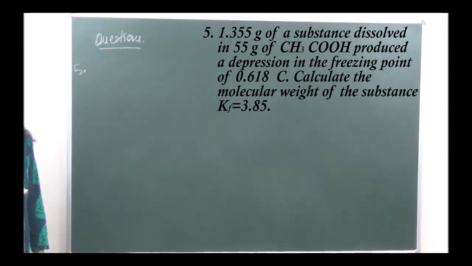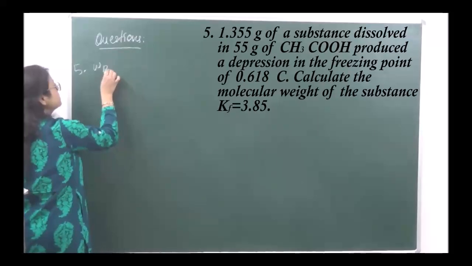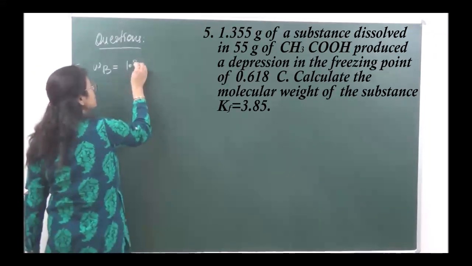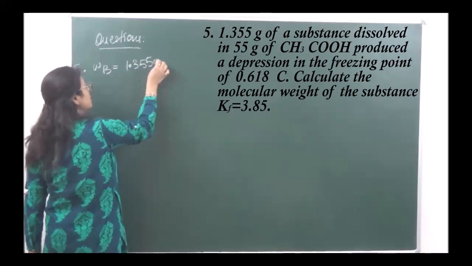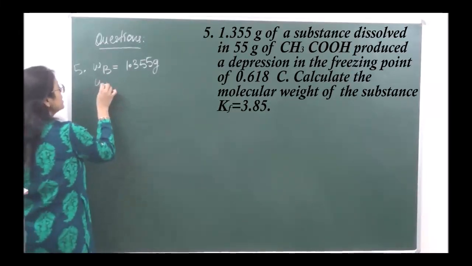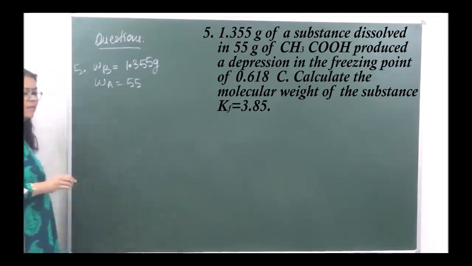1.355 grams of a substance is dissolved in 55 grams of CH3COOH. So we have been given WB equal to 1.355, and WA is 55 grams.